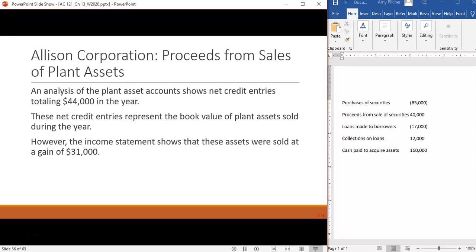So we have the book value plus the gain to get the proceeds from the sale of plant assets. If we add those together, we received $75,000 from that sale, the book value plus the amount of the gain.